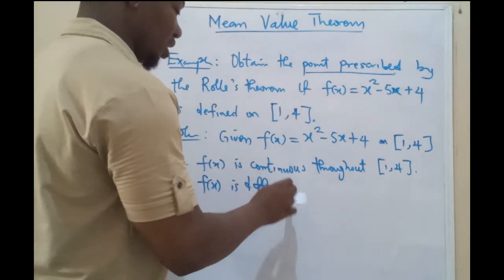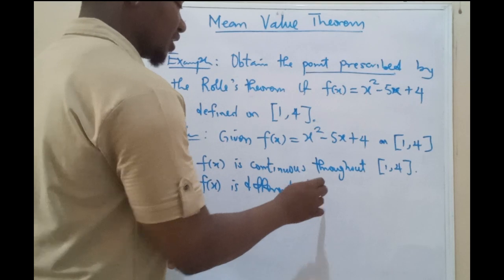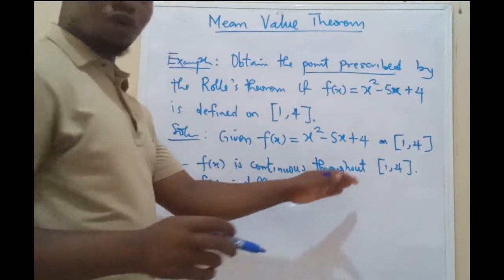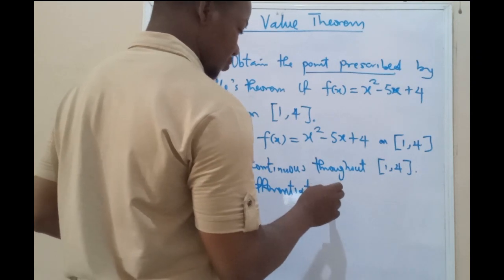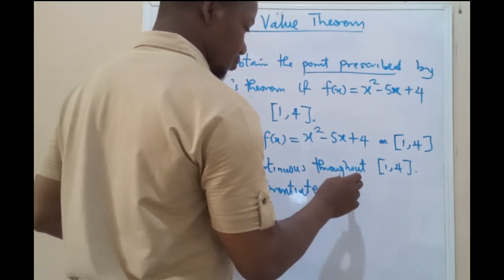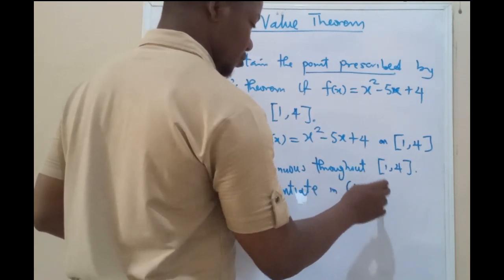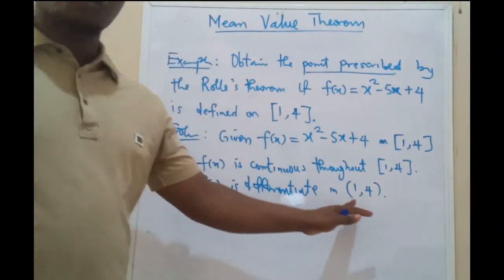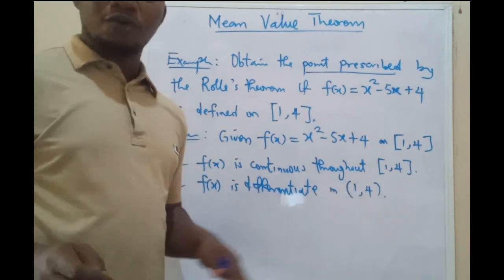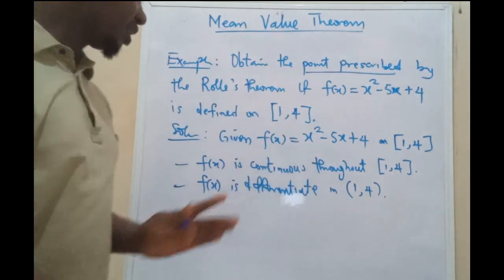This means the derivative of this function exists throughout 1 to 4, excluding the two end limits.